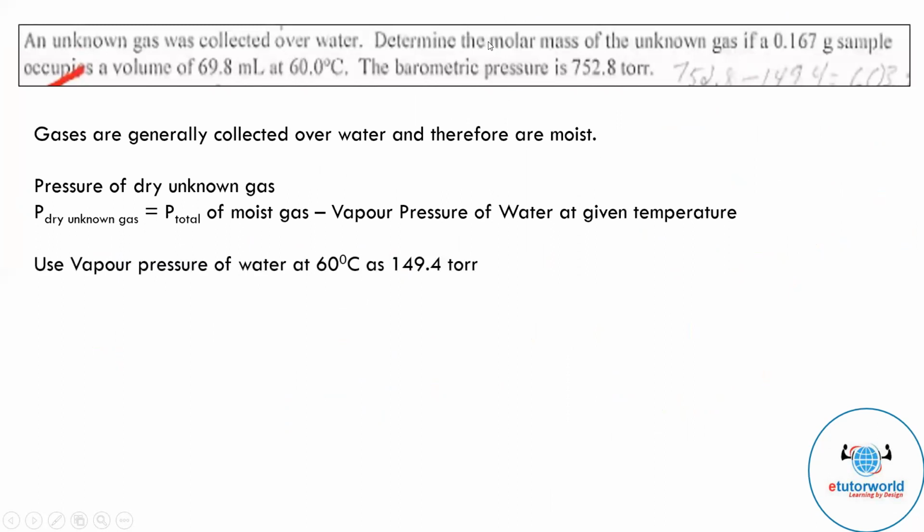Now let's put the values. As I mentioned, step 1: pressure of the unknown gas. How much is the total pressure? 752.8 torr. Aditi, units are very important.